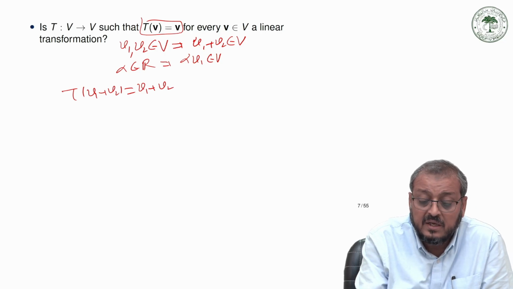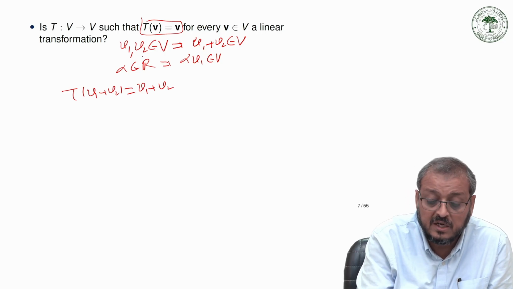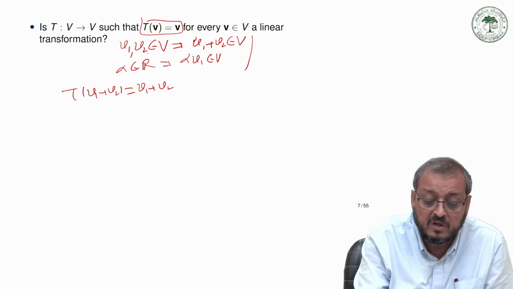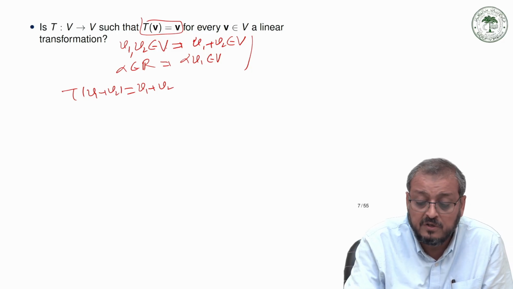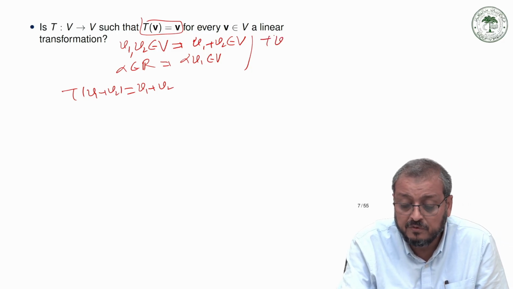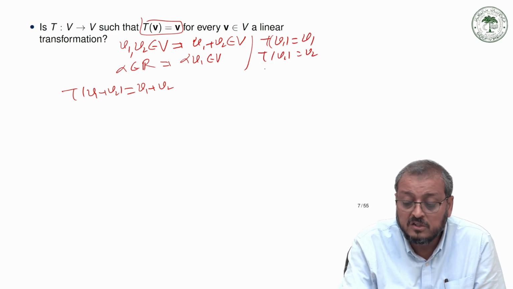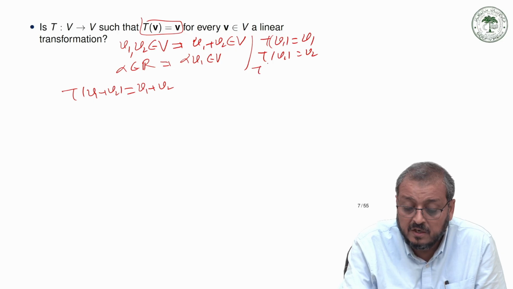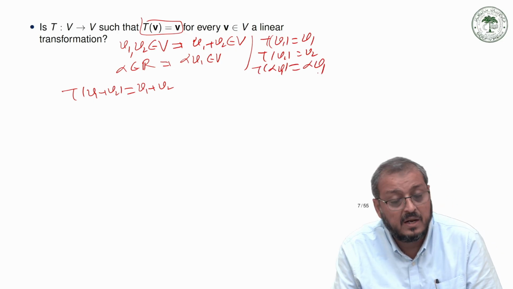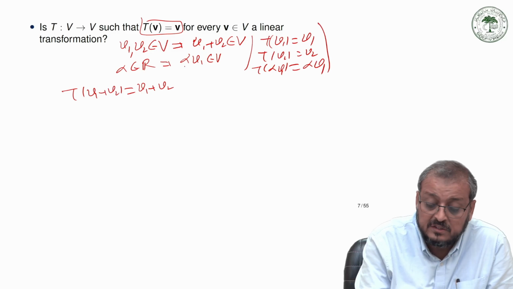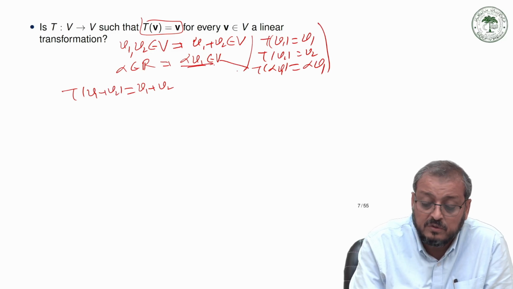Clearly T of V1 is equal to V1, T of V2 is equal to V2, and T of alpha V1 is equal to alpha times V1.